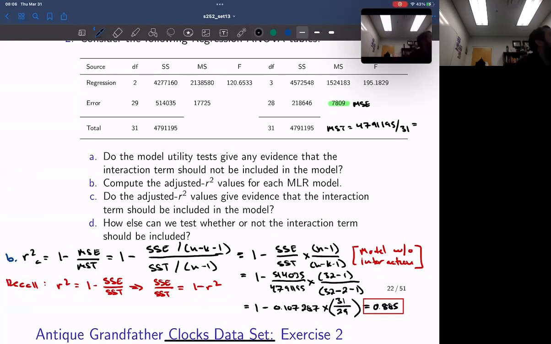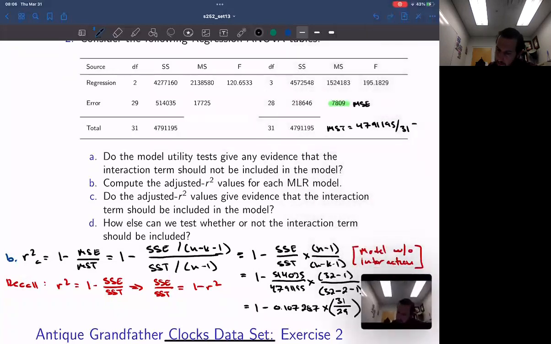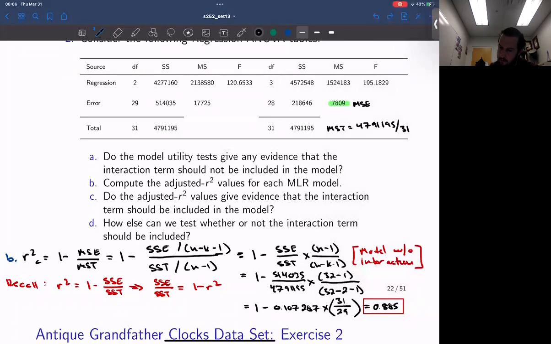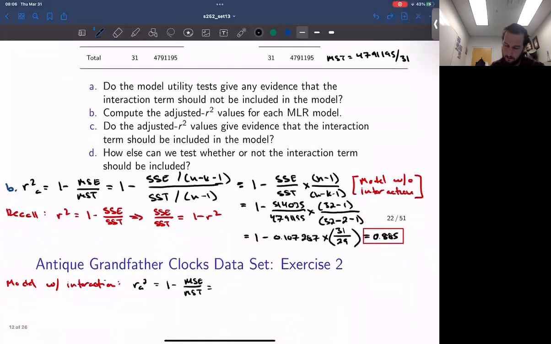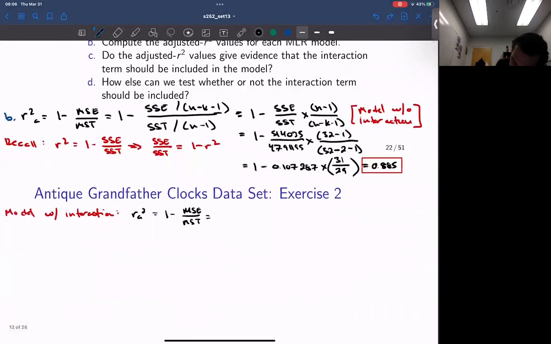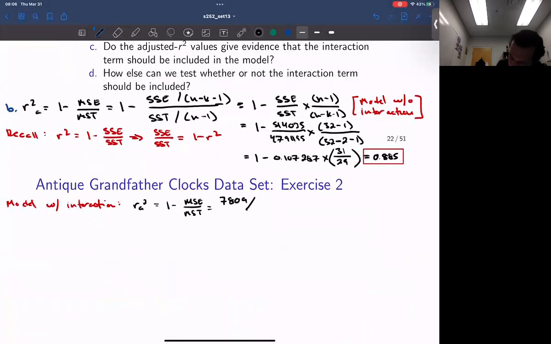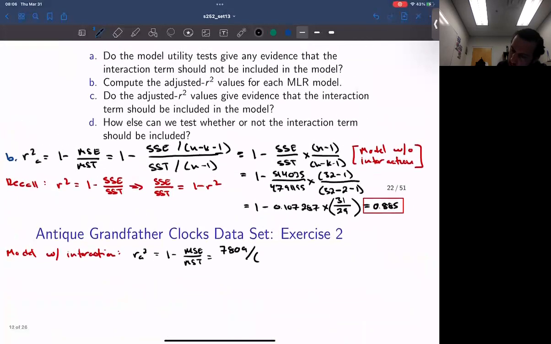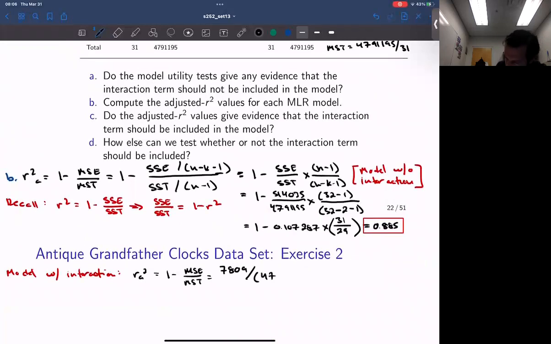I don't have that exact number available. So then the adjusted R squared for this model is going to be 7,809 divided by 4,791,195 over 31, and that's going to give us 0.951.